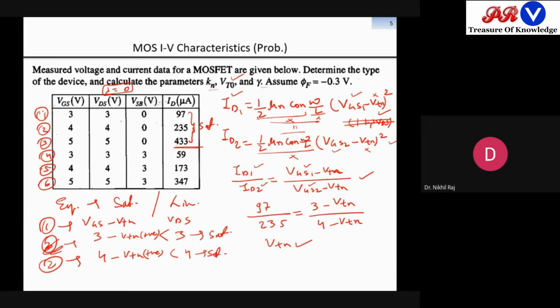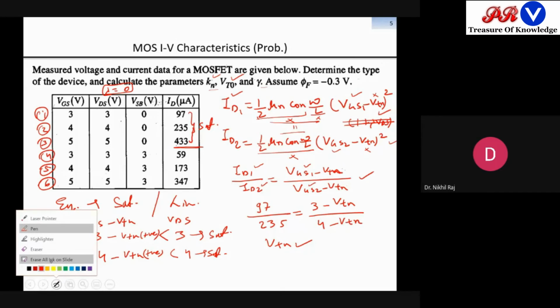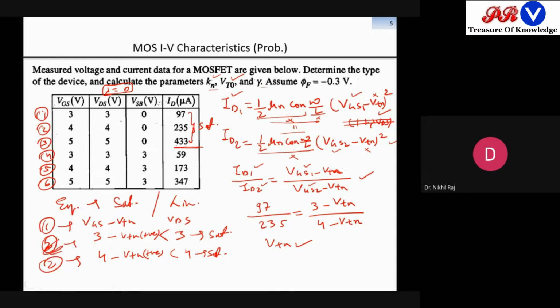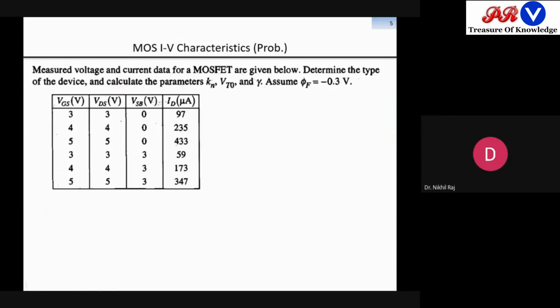Now comes the calculation of the second parameter, that is Kn. So how to calculate Kn? Now we know what is Vt. Let us erase all. In the ID expression, what is known to us? VGS is known, Vt is known, Vt will be the same till here. And ID is known.